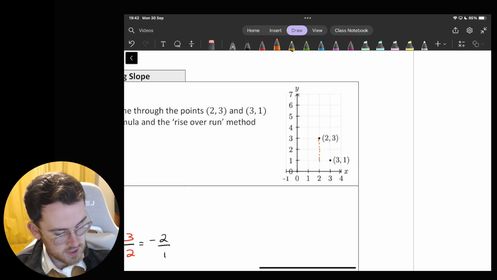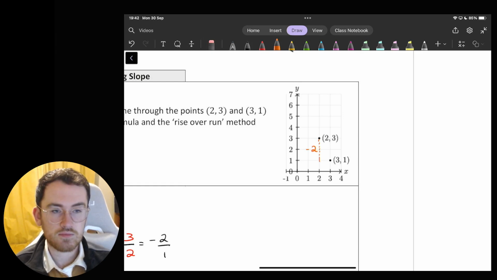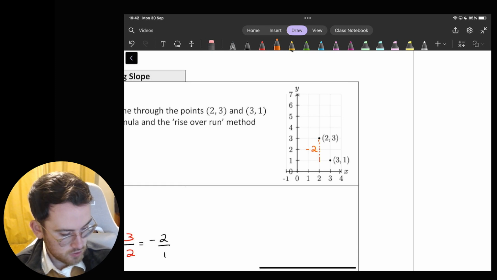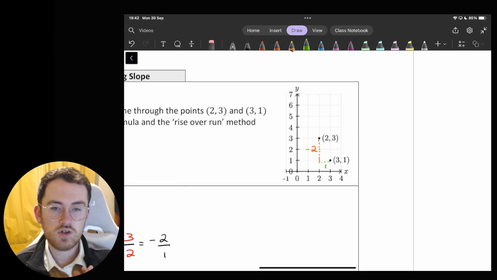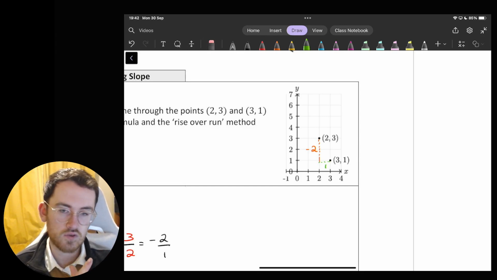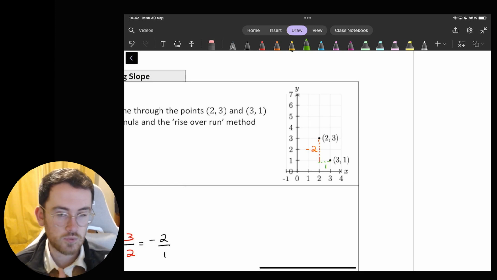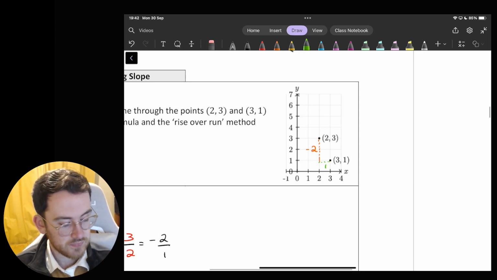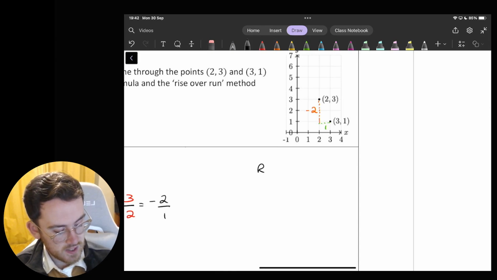I'm actually going down a distance of 2, so minus 2 here, and then going across a distance of 1. So for every 2 that I go down, I'm going over 1, or alternatively the other way around, every 1 I go over, I need to go down 2. So using my rise over run here, that's going to give me an answer of minus 2 over 1.